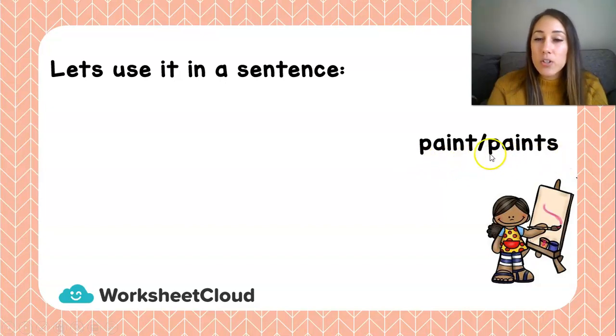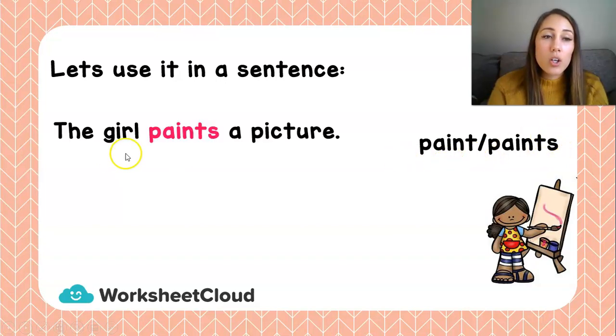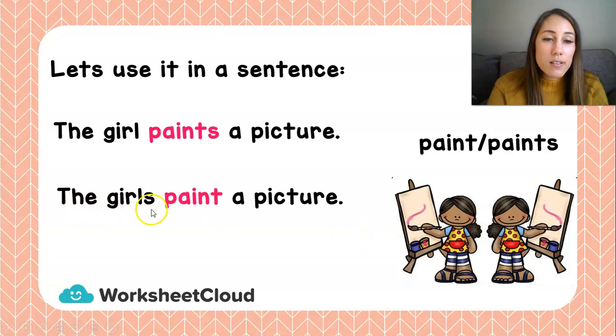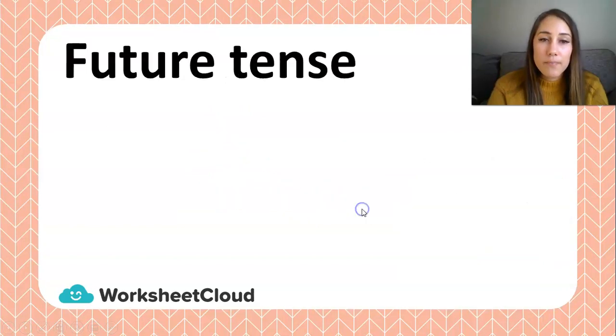So here you can see our two versions. The one has an S on the end and the one doesn't. The girl, there's one girl, she paints a picture. And here you can see the picture of the girl painting. But now there are two girls. So the girls paint a picture. Now you can see how to use those two different versions in a sentence.